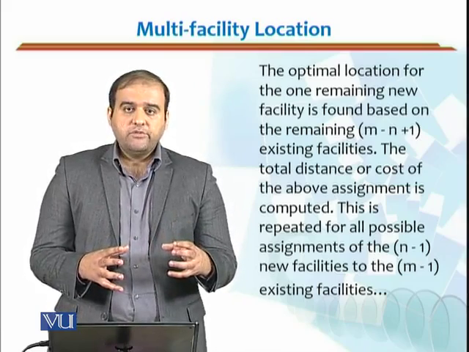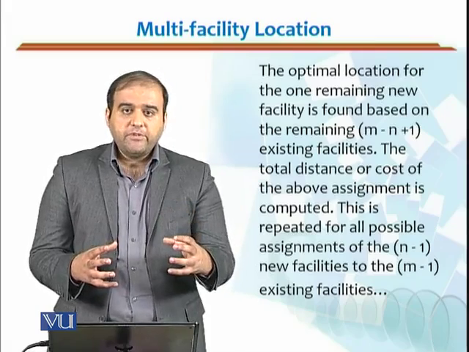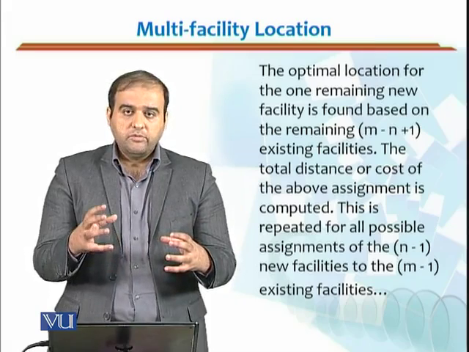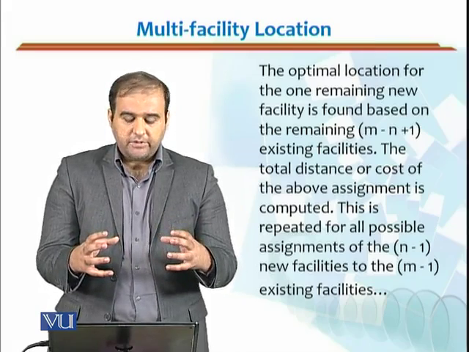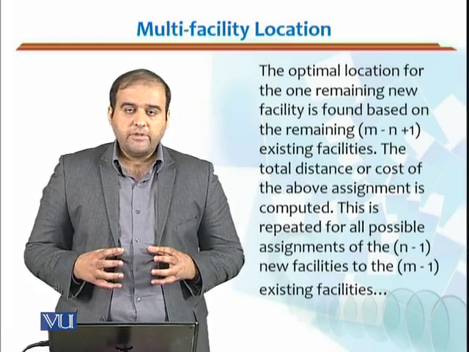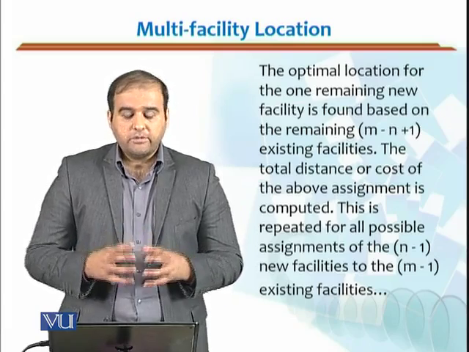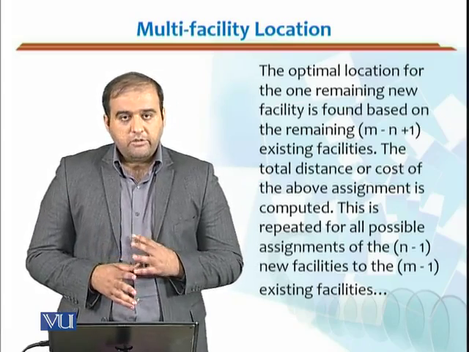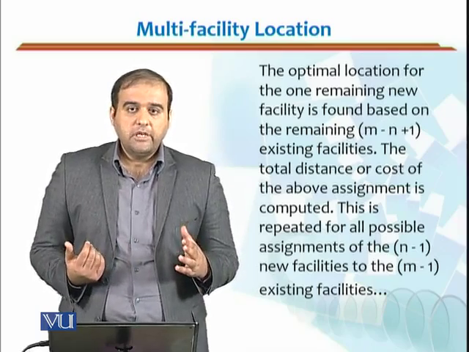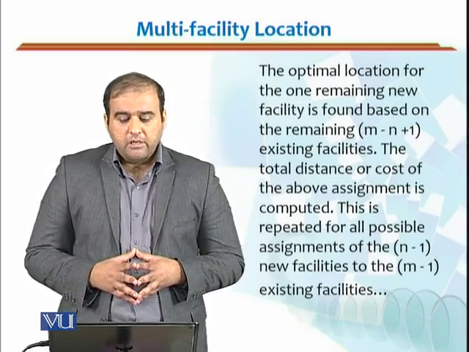The simple concept is that there would be one facility, and that one facility would be located to one existing facility, and you will do the allocation, you will do the assignments. After that, you will repeat it with a different combination. You will do all the possible assignments, and it will become a combinatorial problem if m and n are very high.